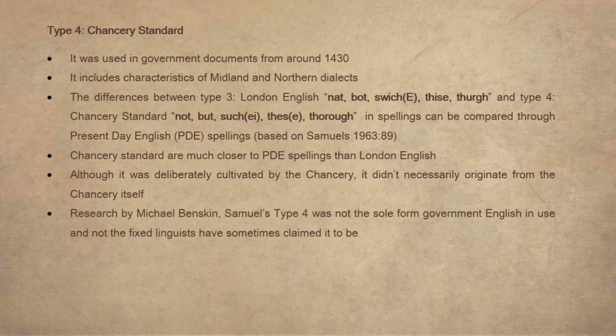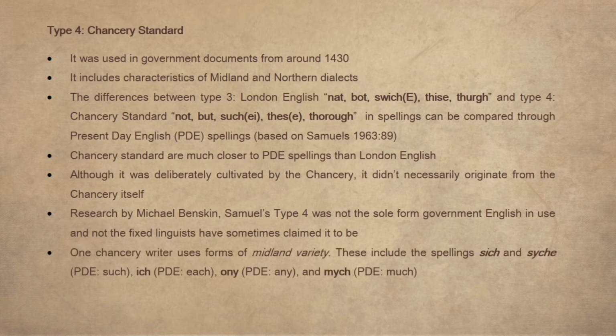Research by Michael Benskin shows Samuels' Type 4 was not the sole form of government English in use, and not as fixed as linguists have sometimes claimed it to be. One Chancery writer used forms of a Midland variety that include the spellings SICH and SYCHE, in present-day English such.